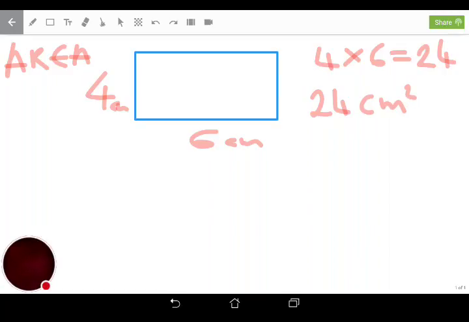The reason it's centimetre square is because it's measuring how many squares fit into this shape. Let me show you this a little bit visually. I'm going to split this rectangle into, let's imagine, centimetre squares. I know they're not a centimetre, but you can imagine.